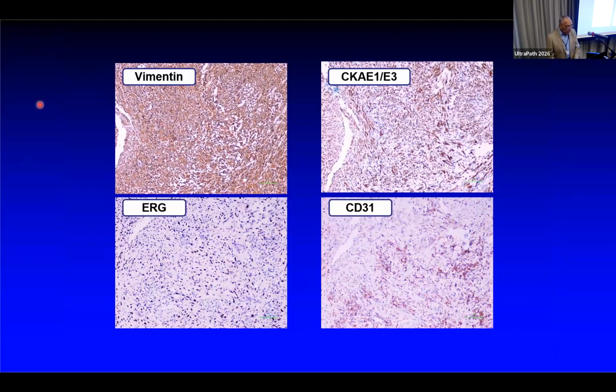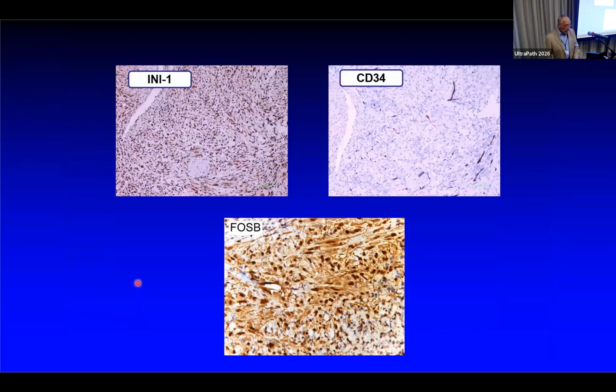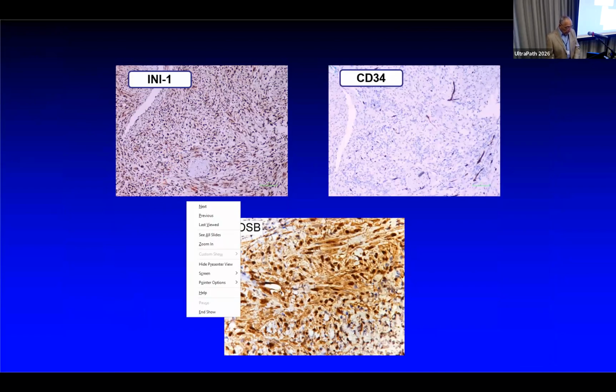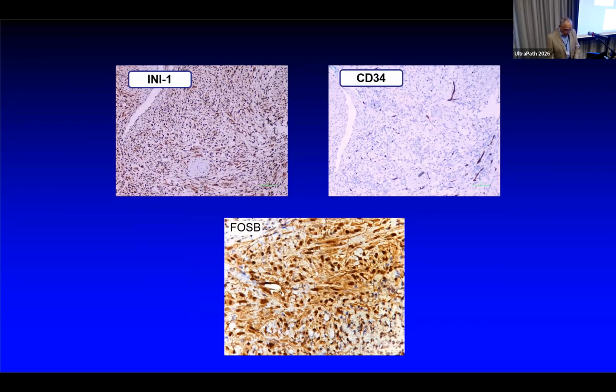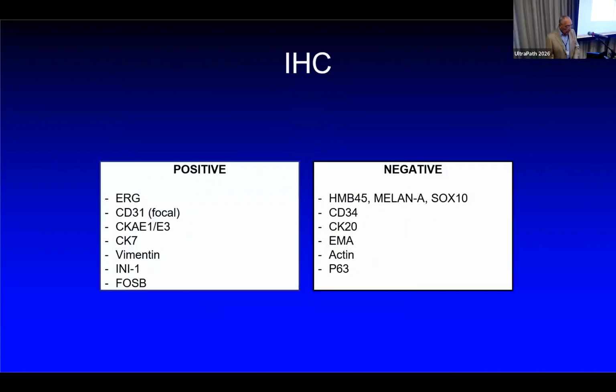They were positive for vimentin, cytokeratin, ERG, and CD31. The INI1 was preserved, CD34 was negative, and this new antibody, FOSB, was positive.